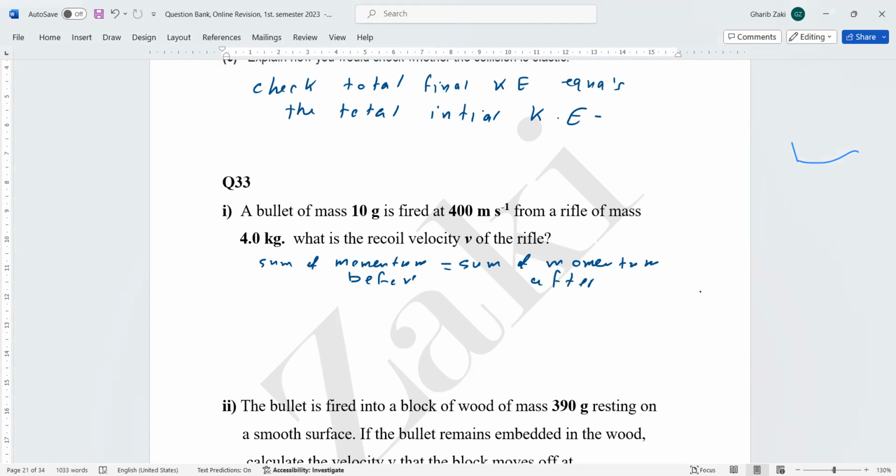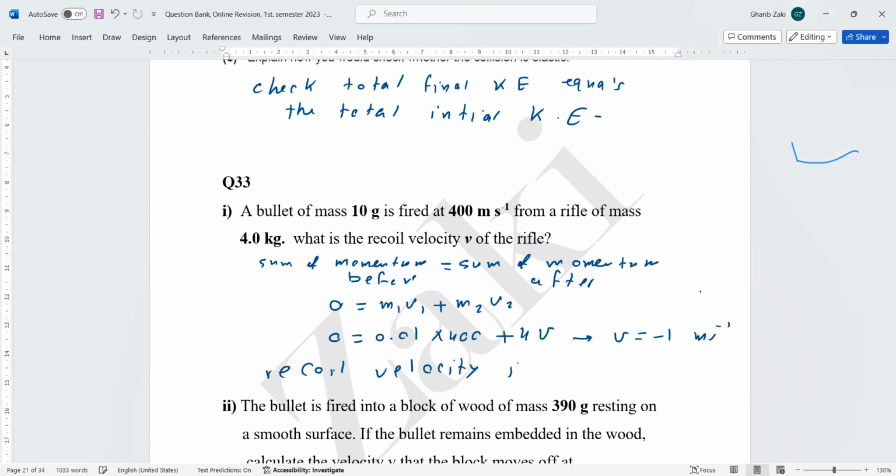Then before is 0 equals M1 V1 plus M2 V2. 0 equals 0.01, I converted to kilogram, multiply by 400 plus 4 multiply V. From this, V equals -1 meter per second. So the recoil velocity is 1 meter per second.